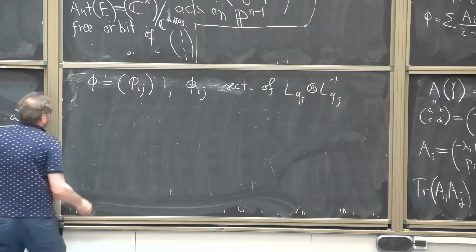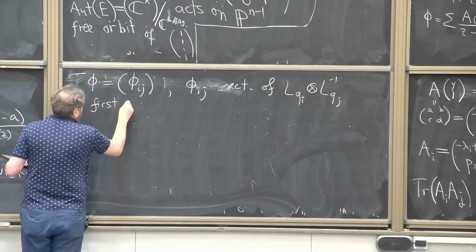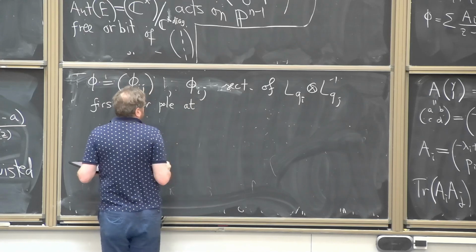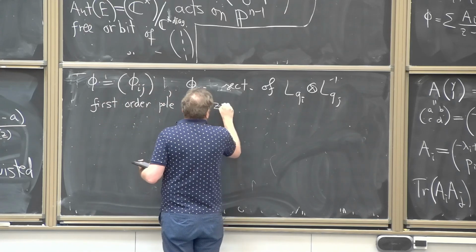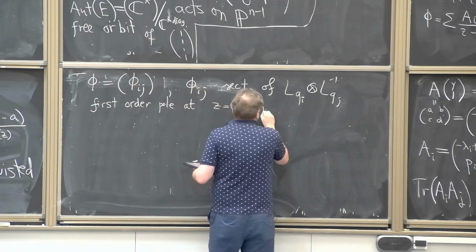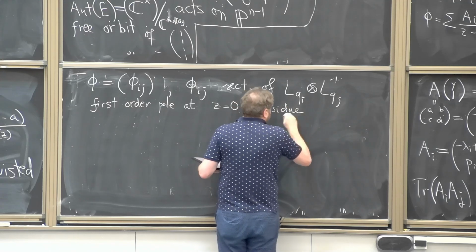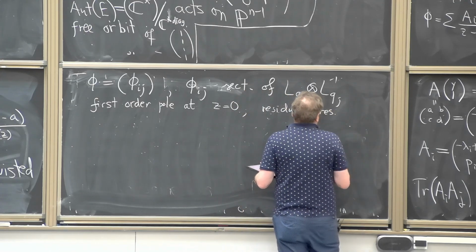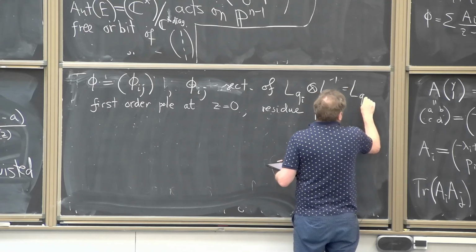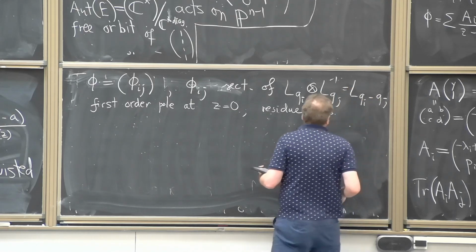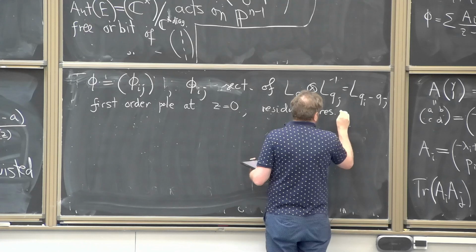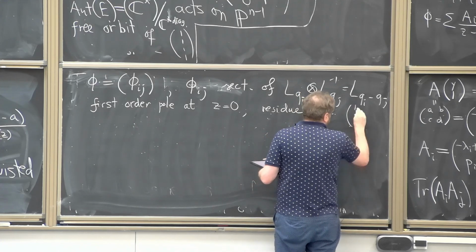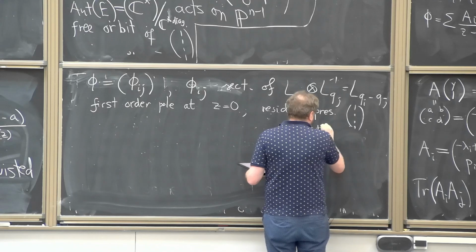And I want a first order pole at z equals 0 and residue preserving. So this is L of q_i minus q_j, and residue preserving my vector (1, 1, ..., 1), and acting with eigenvalue c.